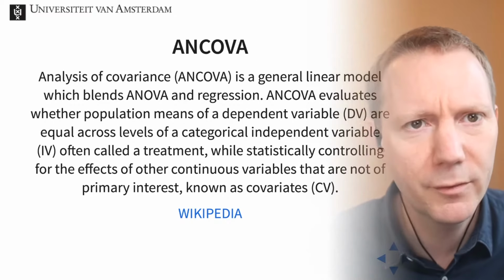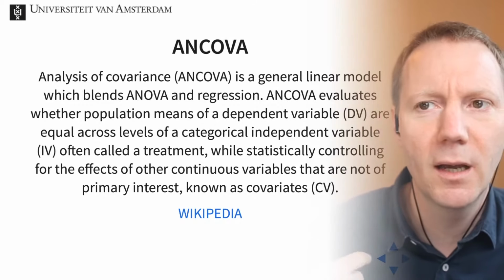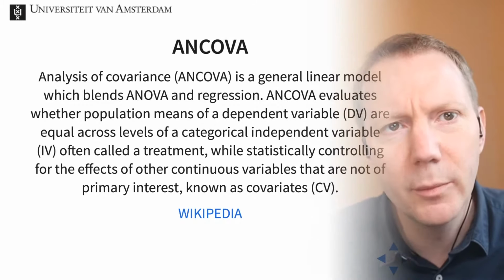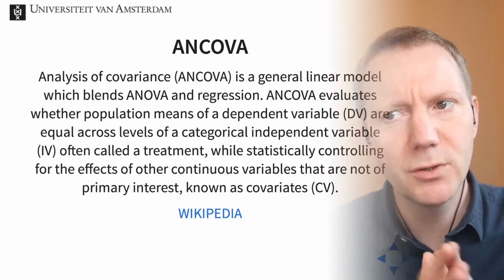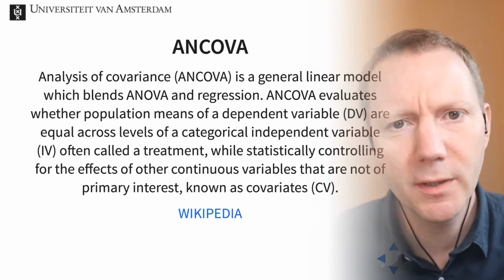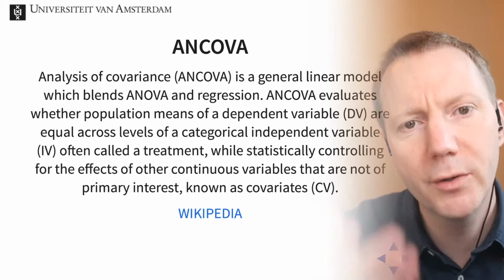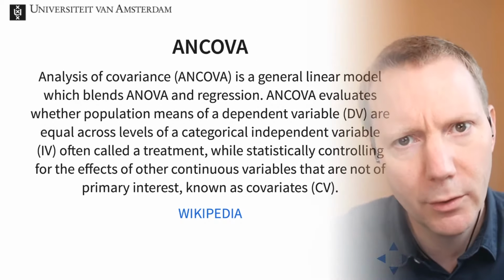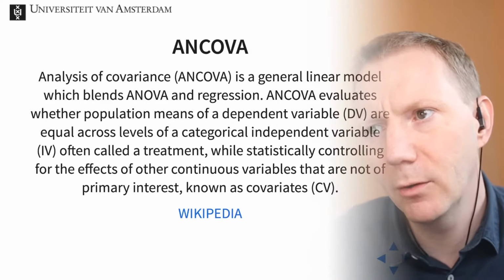If you want to correct for that influence, then you can add this extra variable to control for that. So you actually want to determine what the effect is of your independent variable on your dependent variable, controlling for your covariate. And this is essentially what the ANCOVA does.